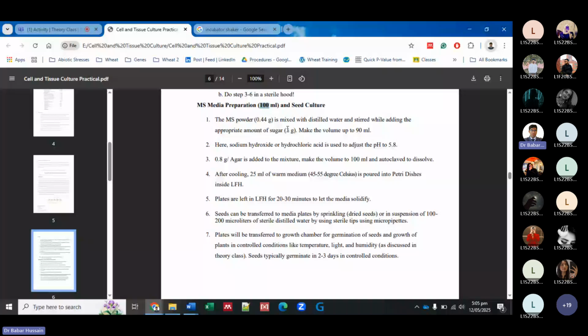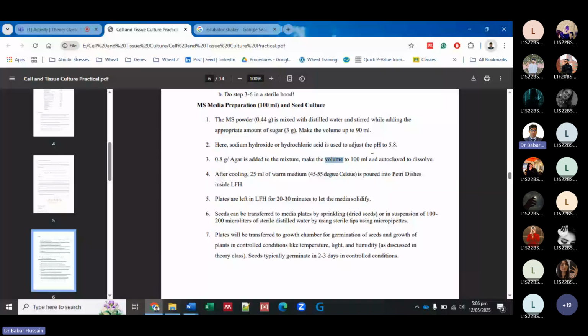We will make the volume up to say 90 ml. We will use sodium hydroxide or hydrochloric acid. We will adjust the pH to 5.8. Then instead of 8 gram of agar, we use 0.8 gram of agar, and we will make the volume up to 100.